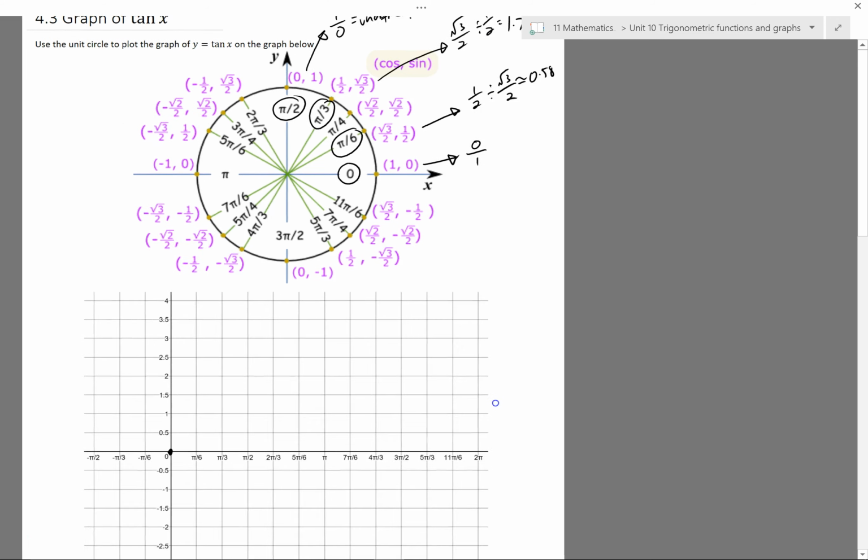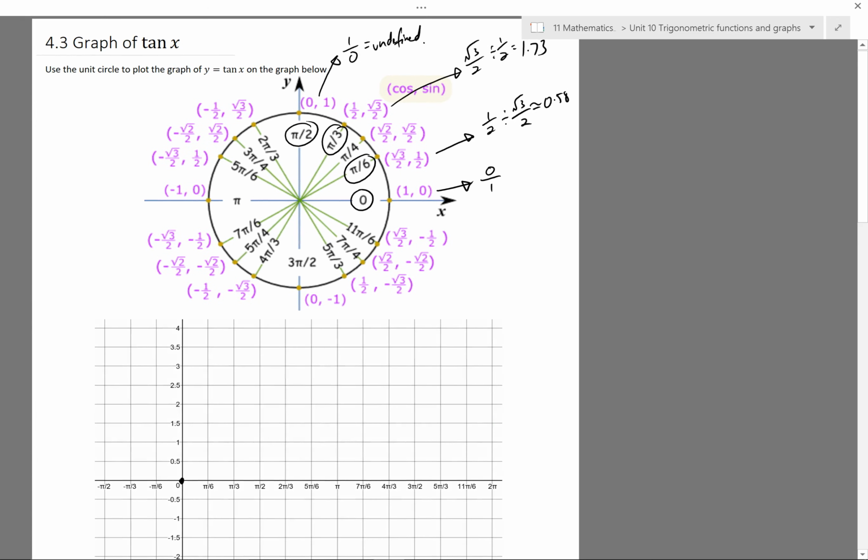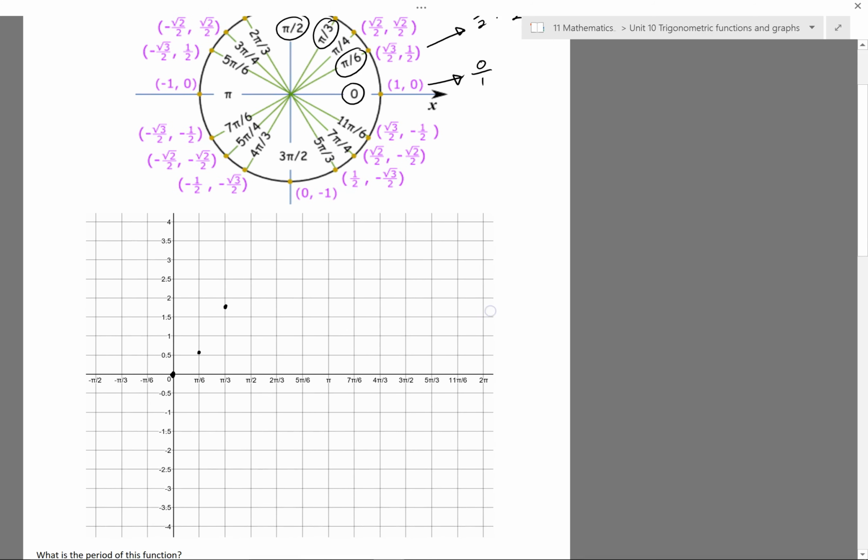So when I start to mark these on my graph, it gets a little bit interesting. I'll mark these first few, so 0.58 is about there, 1.73 about there, and then this one that's undefined, whenever there's a point that's undefined, I'll put a dotted line all the way through it because there'll be an asymptote through there.